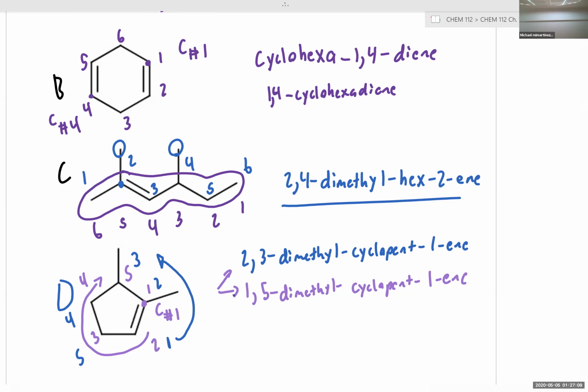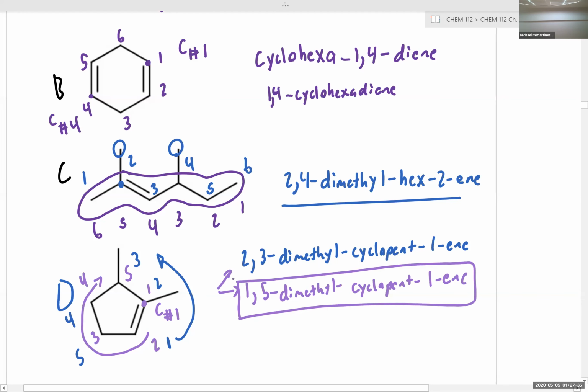So remember in nomenclature for substituents, do we care about the smallest average locant number or the smallest from start to finish locant number? From the start, right? So does 1 win out over 2 for our locant numbers? Yes. So then the proposed name in purple, 1,5-dimethyl cyclopent-1-ene, is the correct IUPAC name.